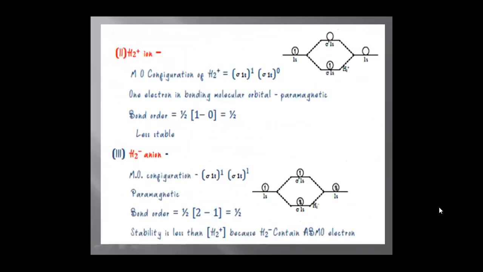Similarly, for the H2 plus ion, the bond order is half, so it is less stable. For H2 minus, the bond order is also half, but its stability is less than H2 plus because H2 minus contains an electron in the anti-bonding molecular orbital.